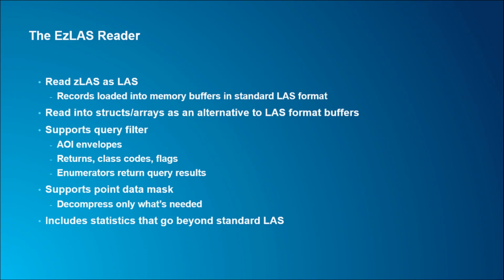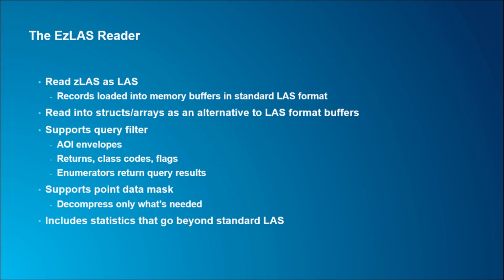And as I mentioned, there's a filter object. This supports an area of interest that you can set for pulling out points of sub-areas. And also you can set certain returns, class codes, and class flags. Those are things like model key points, synthetic points, withheld points, and overlap points.